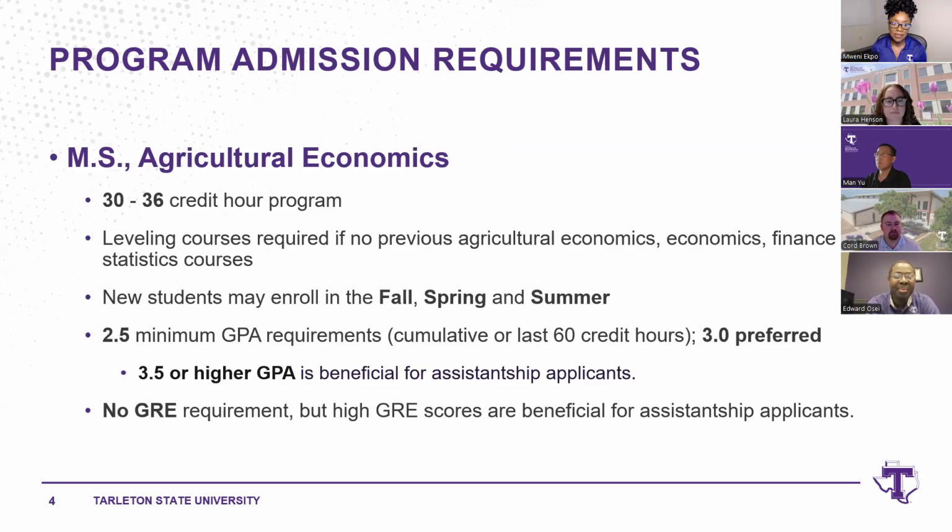And the minimum GPA requirement is 2.5, which is very, very easy to meet. And there are no GRE requirements, so you can come in without GRE. And for international students, we require actually the TOEFL. That is a requirement of the graduate college.